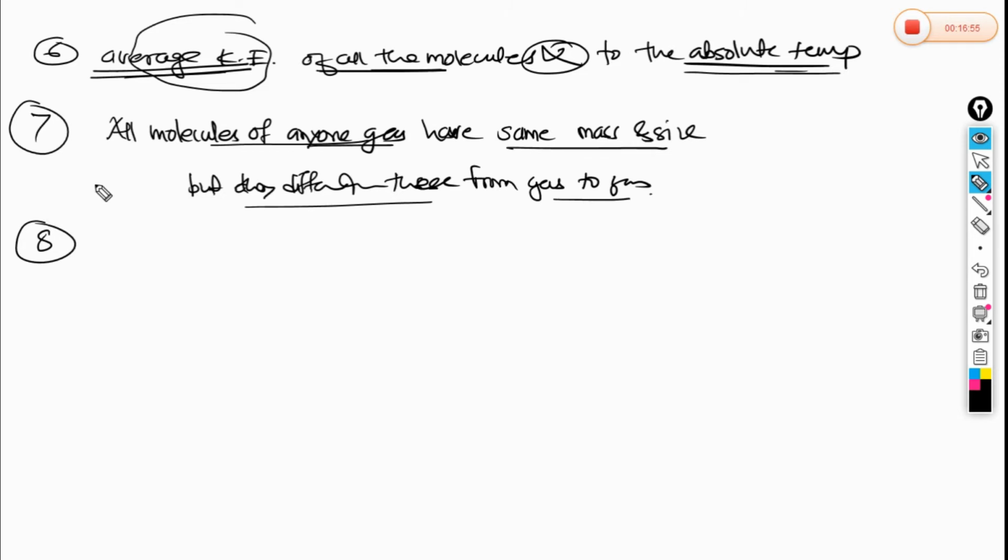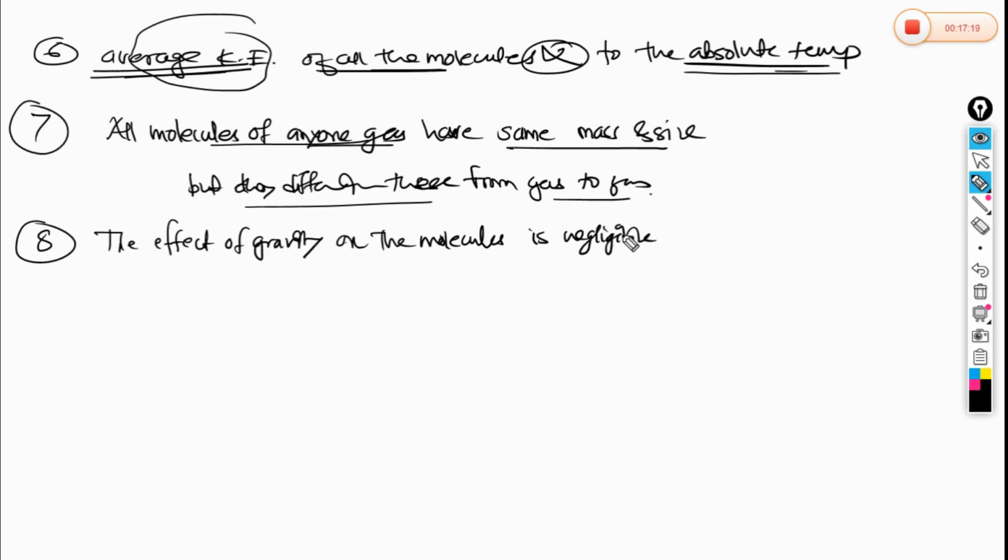The eighth postulate is the effect of gravity on molecules is negligible, since they have low mass.